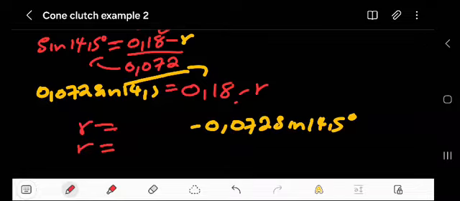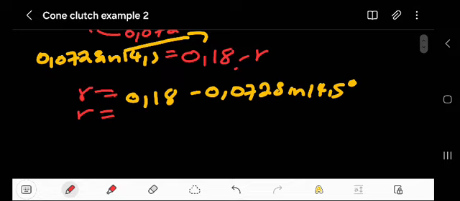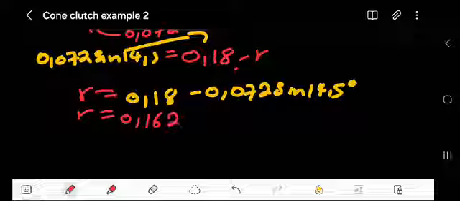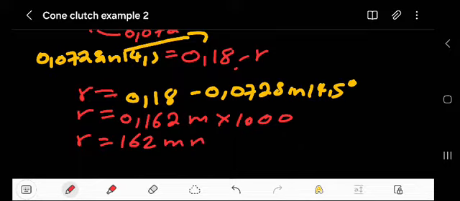This will be 0,18 only. So yeah, if you punch this, what can you get there? I just got 0,162 meter. Then if you want this in millimeter, you can multiply this by 1000. Then it will be 162 millimeter.